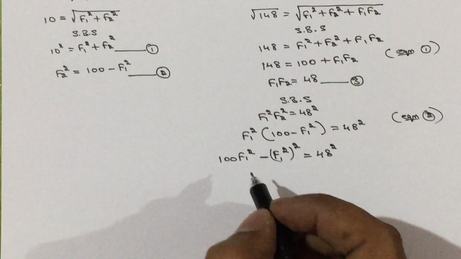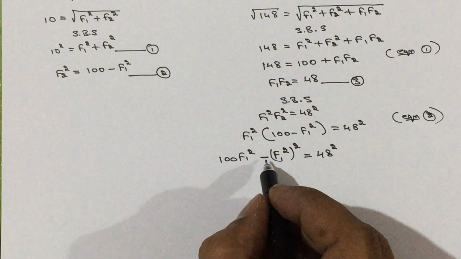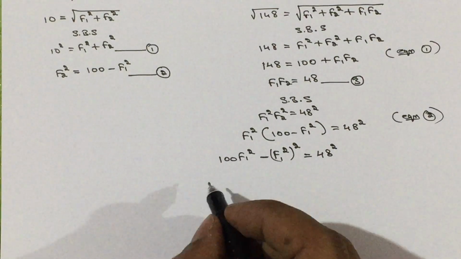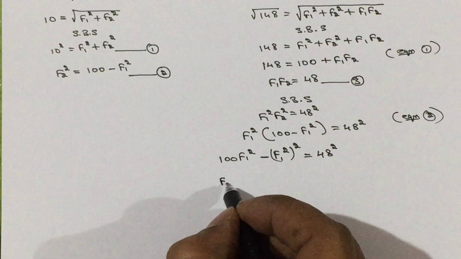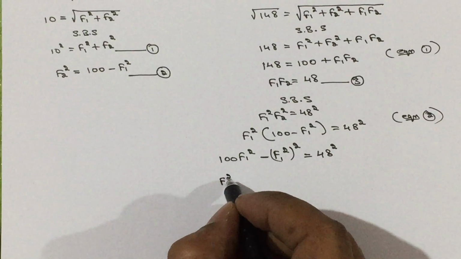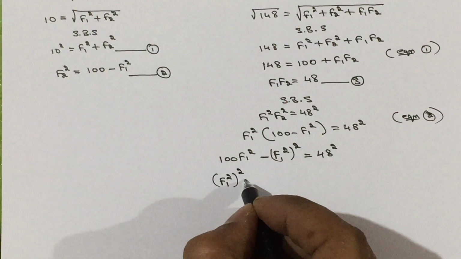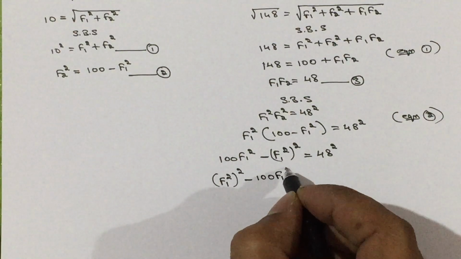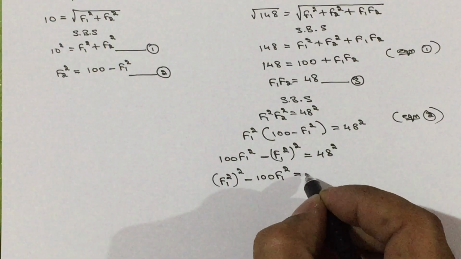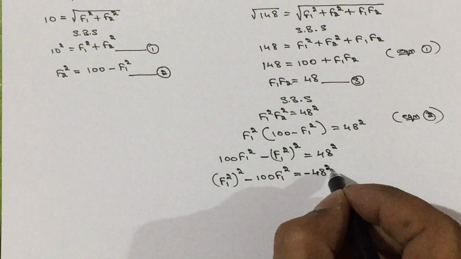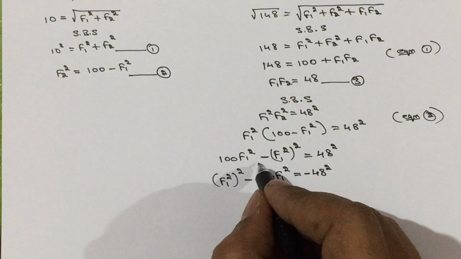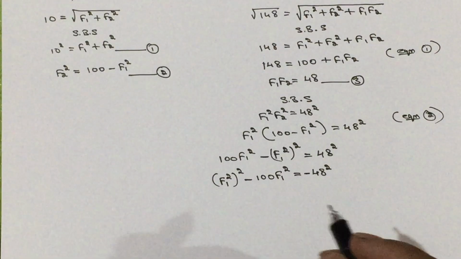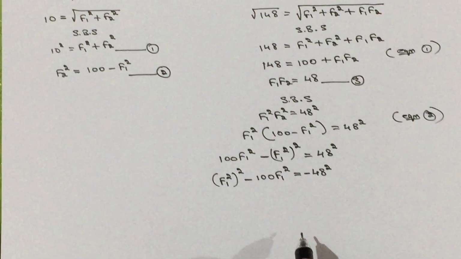Therefore, if you interchange LHS to the RHS and RHS to the LHS, minus will become plus, you are going to get F1 square whole square minus 100 F1 square equal to minus 48 square. Just we interchange LHS to the RHS, RHS to the LHS, so the sign becomes positive to negative, negative to positive.